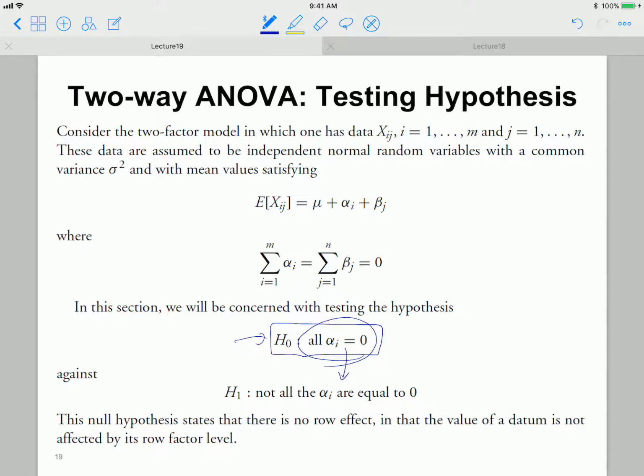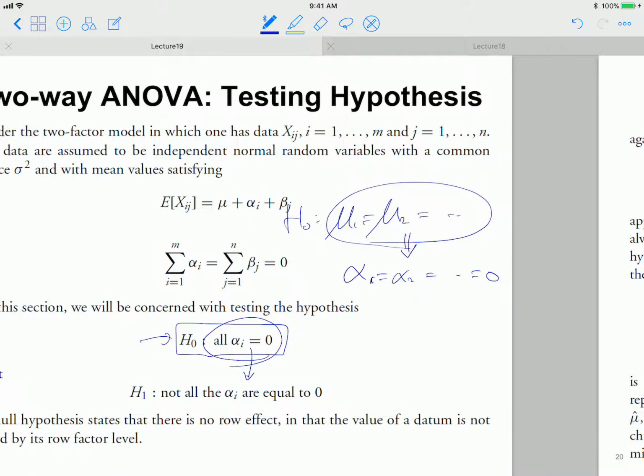This is the exact same hypothesis that we used in the one-way ANOVA. In the previous case, mu1, mu2 being all equal was the null hypothesis, and this exact same meaning is now represented as alpha 1, alpha 2 all being equal to 0. So this is just a different representation, but exactly the same meaning.